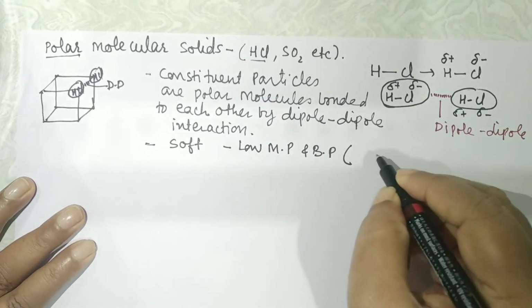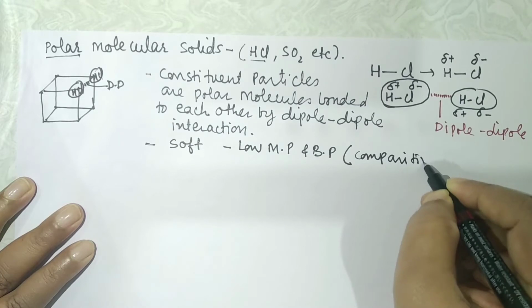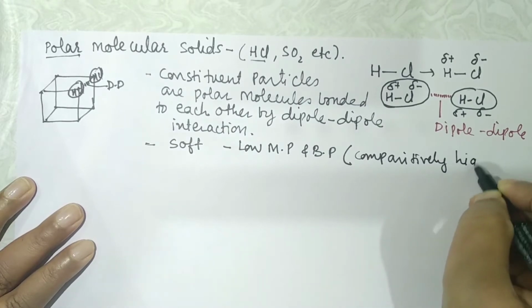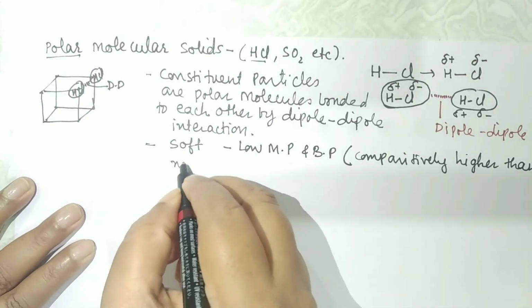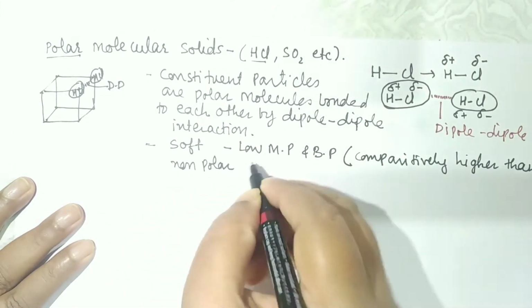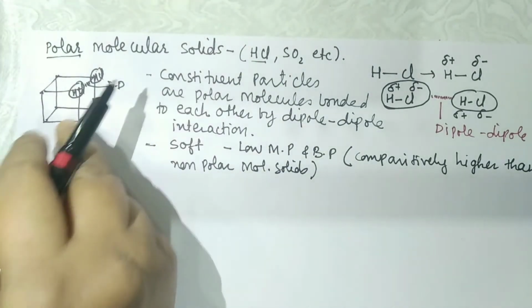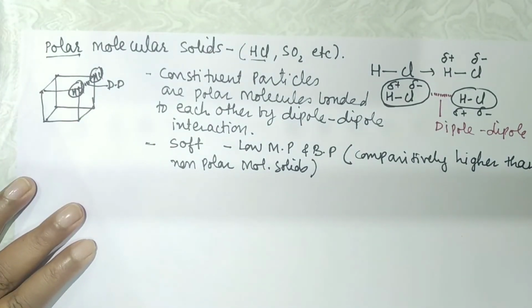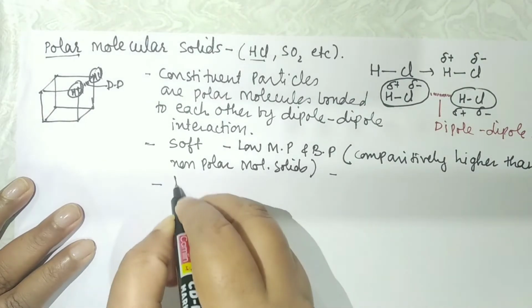Next, third point, I can write here: comparatively higher than non-polar molecular solids. Do you see any free ions or free electrons? As there are no free ions or electrons, they are also bad conductors of heat and electricity.